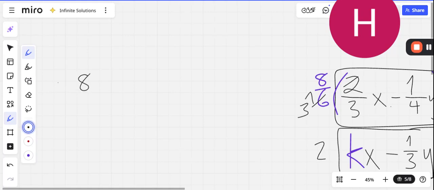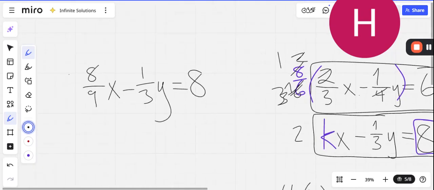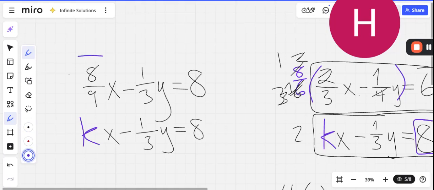So that gives us 8/9 x. 8/6 times -1/4, you cancel that, get a 1 and a 2, this is still a 6. Cancel that, get 1 and a 3. So we'd have minus 1/3 y equals 8. And there you have it. It's basically the exact same equation as Equation 2, except it has a coefficient for the x. So that tells us right off the bat that k equals 8/9.